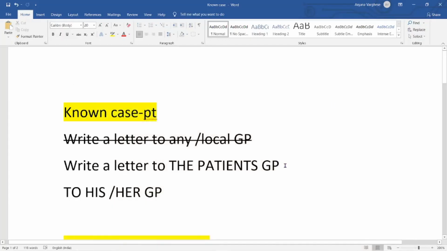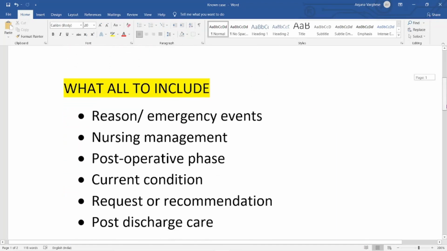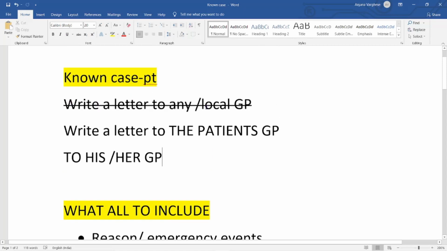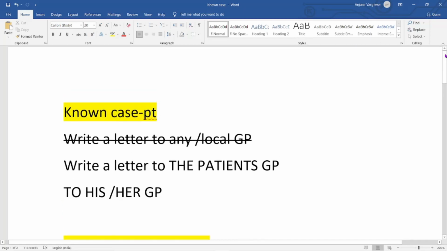It's not necessary that it's a GP, it could be someone else also. Once again, let me explain. Known case: write a letter to the patient's GP, or to his or her GP, not to any local GP. That's the known case, in short.